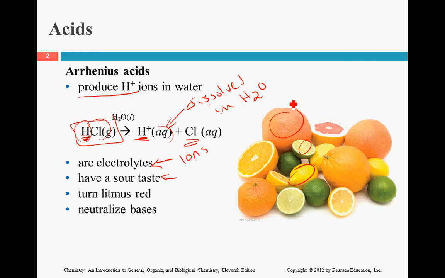Then when you dip a piece of litmus paper in it, which is a piece of chemical paper that allows you to determine if it's an acid or a base, we've used these before in lab, we dip it into the solution. If it turns red, that means it's an acid. If it turns blue, that means it's a base. And they neutralize bases, meaning that they cancel each other out, essentially, and they make water.